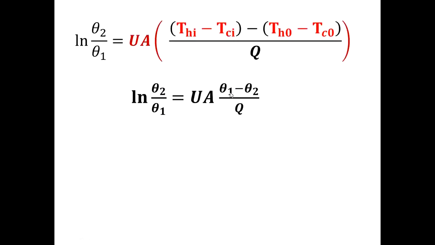You can take it outside. Then THI minus TCI means theta 1, and this one will be theta 2.